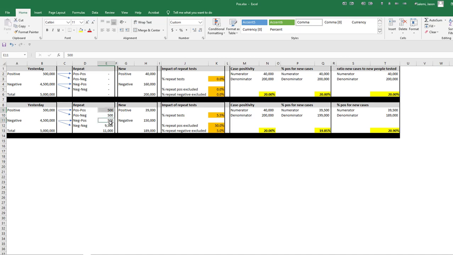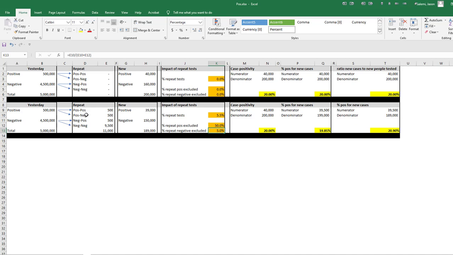So that's 500 and 500, which is 1,000. So again, 500 out of 1,000 positive tests today that were repeats would ultimately be excluded because they previously tested positive. I know that's a mouthful, but these measures will be very important in looking at the difference between the two measures. And then the percentage of repeat negatives that would be excluded is only 5%.